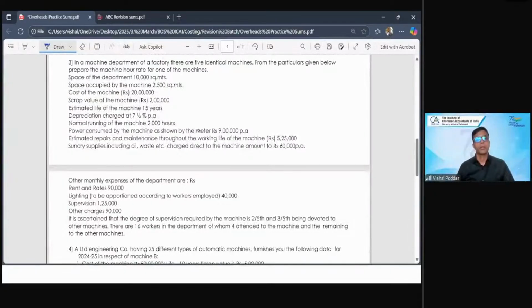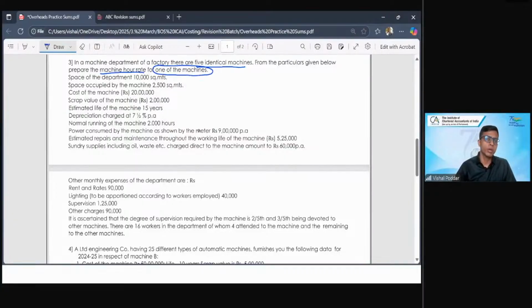So see, this is how the question appears. It says, in a machine department of a factory, there are 5 identical machines. As I said, there would be multiple machines. So in this machine shop, there are 5 machines. From the particulars given below, prepare the machine hour rate. So you have to find out the machine hour rate of one of the machines.